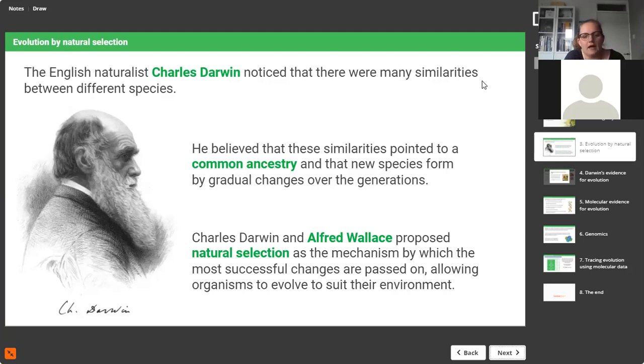Charles Darwin and Alfred Wallace proposed natural selection. This is the mechanism by which the most successful changes are passed on, and that allows organisms to evolve to suit their environment. And again, it's really important to point out here that evolution isn't an active process, it's passive.